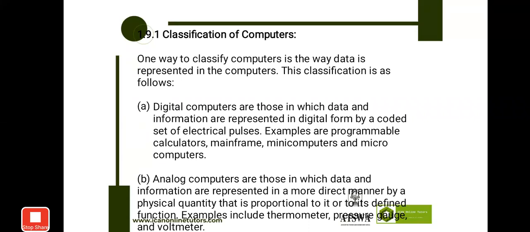B, we have analog computers. These are computers in which data and information are presented in a more direct manner by a physical quantity that is proportional to it or to its defined function. Examples include thermometer, pressure gauge, and voltmeter.